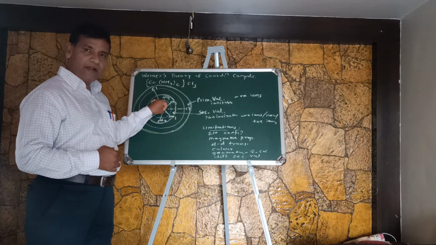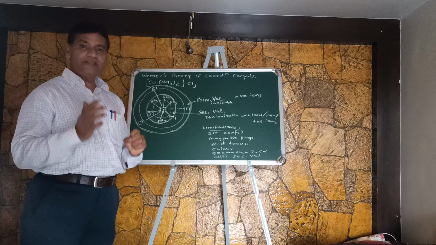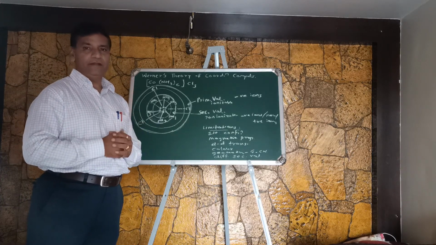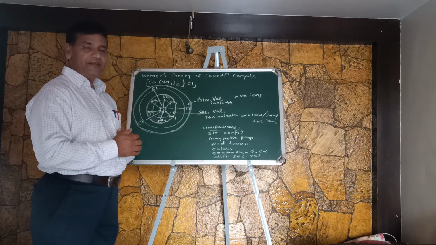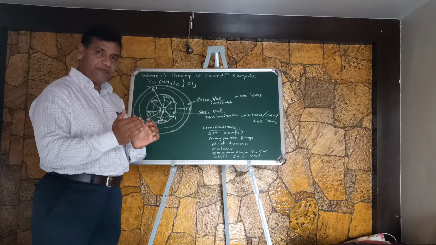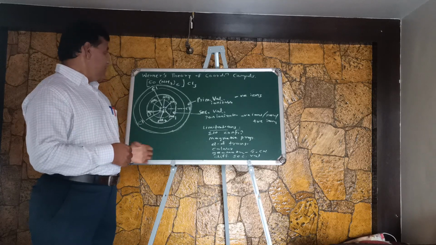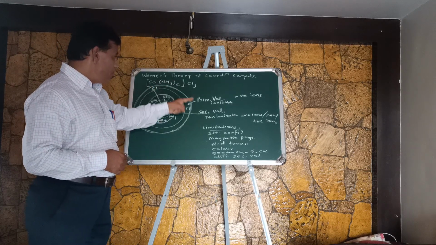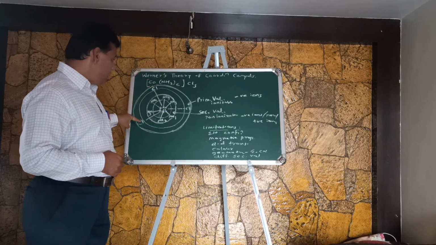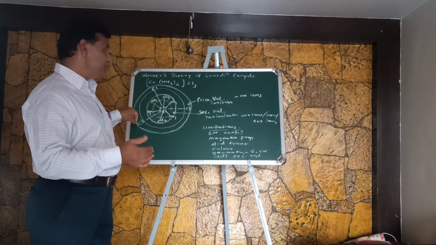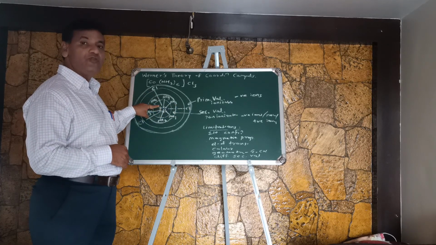So cobalt is the metal part and ammonia are present, which are known as ligands. So 6 ligands are bonded with the metal. This sphere which I have shown inside is the inner sphere. In this inner sphere, cobalt is bonded with 6 ammonia ligands. Surrounding this inner sphere there is an outer sphere, and in this outer sphere 3 chloride ions, which are negatively charged ions, are also bonded with this centrally placed cobalt.